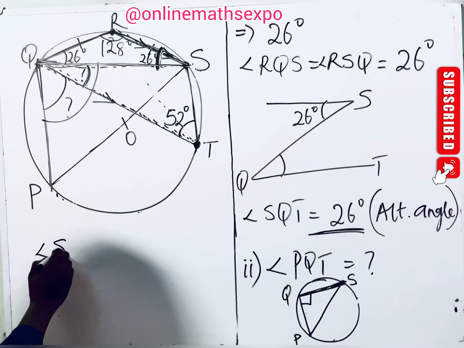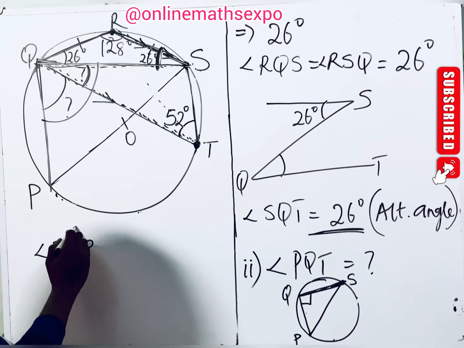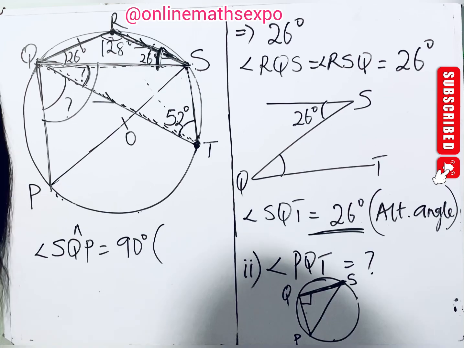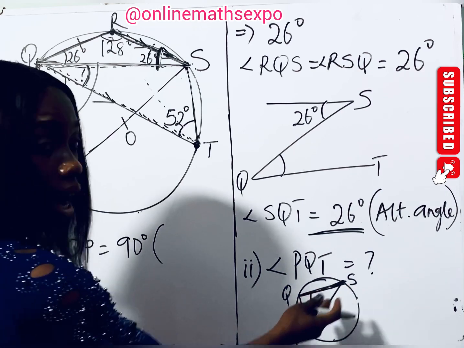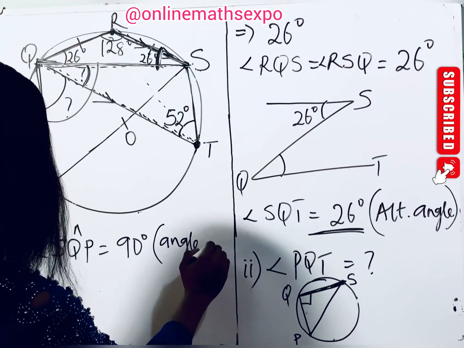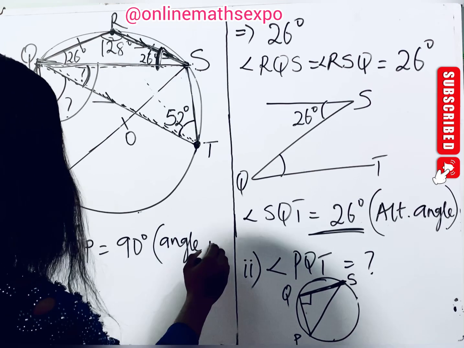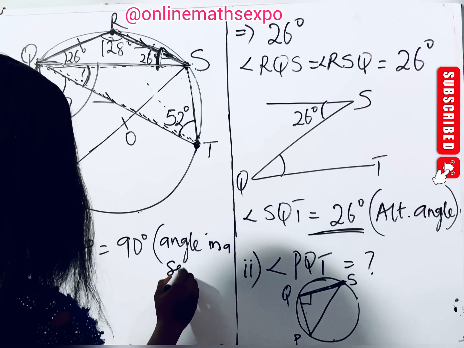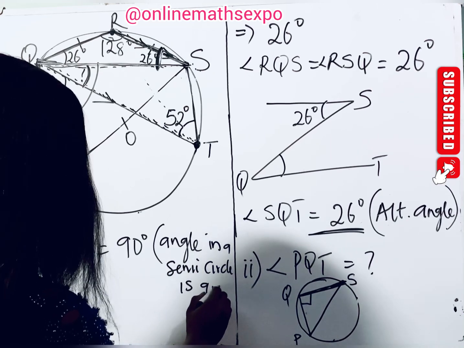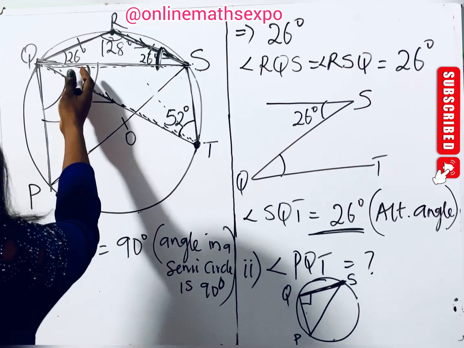So we have angle SQP is equal to 90 degrees. What is your reason? We call this theorem angle in a semicircle, okay? It is always 90 degrees. Angle in a semicircle, okay, is 90 degrees. Did you see that? So that is the theorem that supports this.